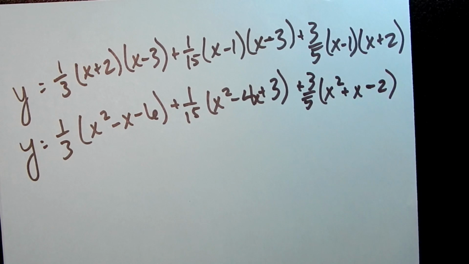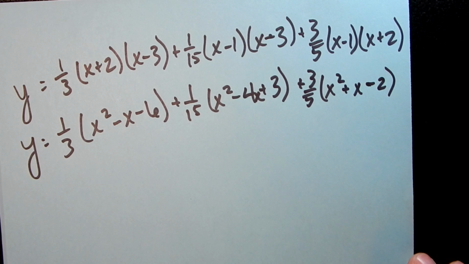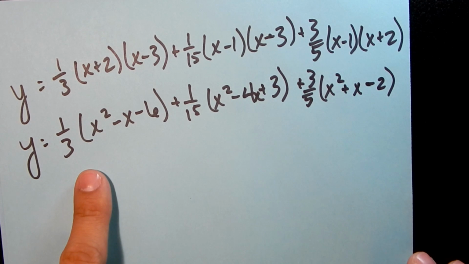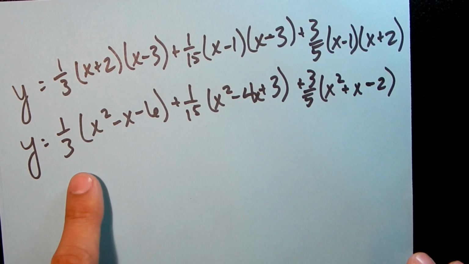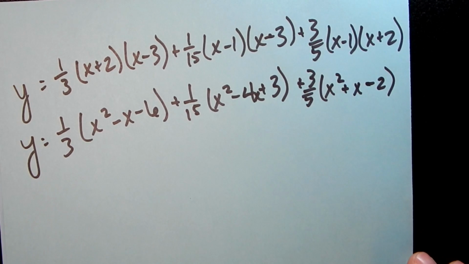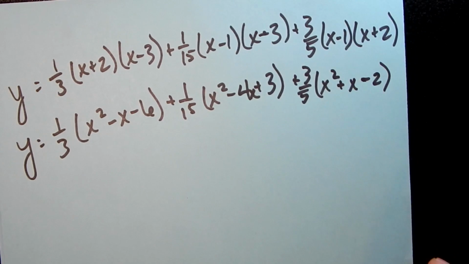Now, a lot of this work is going to be just kind of, I don't want to say busy work, but it kind of is. If you have a calculator with a computer algebra system, like an Inspire CX CAS, I'm trying to see if I have one within arm's reach. I don't. I mean, it's over there, but it's beyond arm's reach.